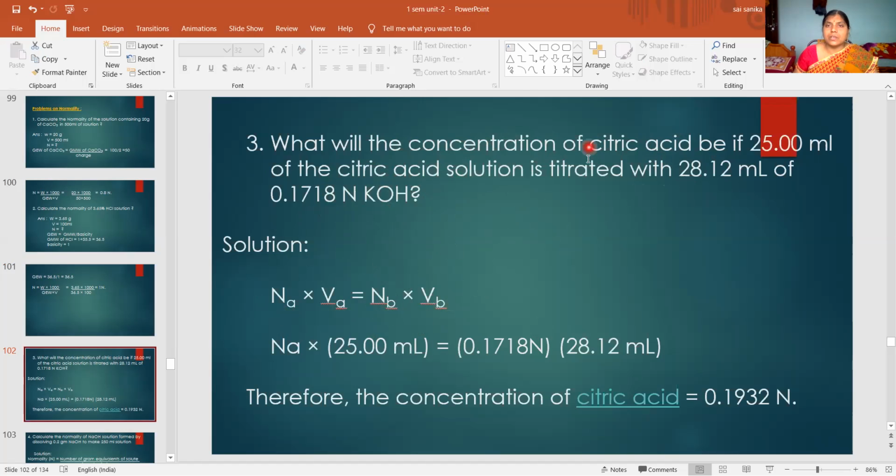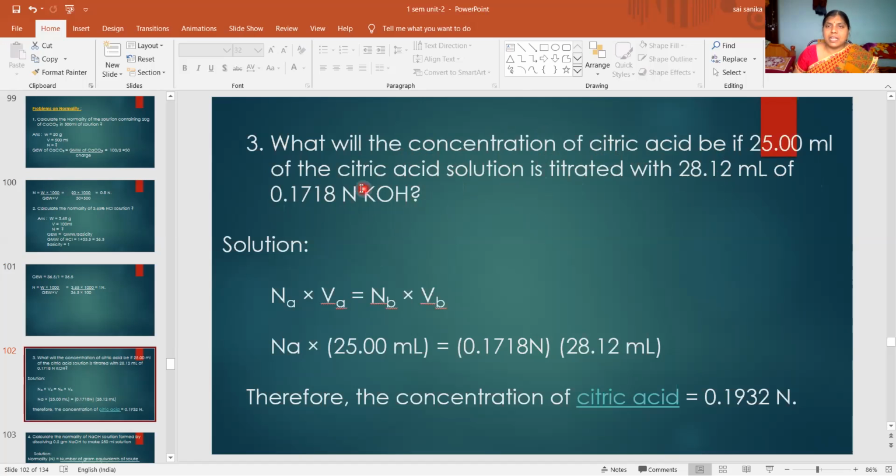What is the acid here? Citric acid. What is the base here? KOH. In between these two, reaction is taking place. What is he asking? He is asking the concentration, meaning the normality of the acid. If 25 ml of citric acid is titrated with 28.12 ml of 0.1718 N KOH.